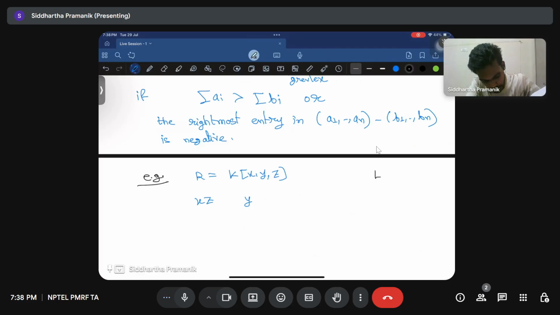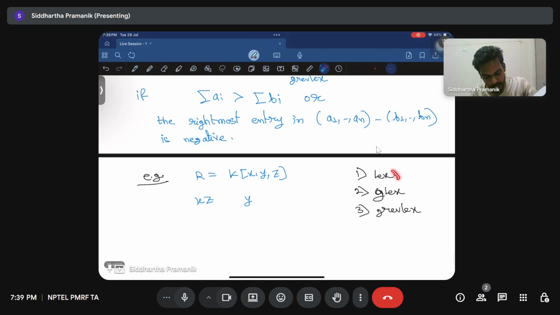One is just lex, or lexicographic, the first example we saw in the lectures. The second is glex, graded lexicographic, and the third we have just seen, graded reverse lexicographic, grevlex.